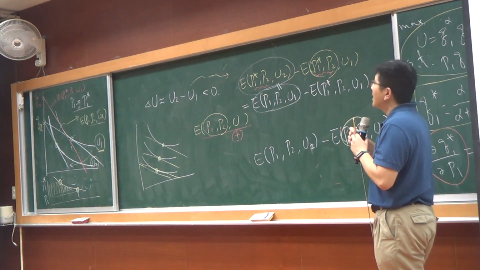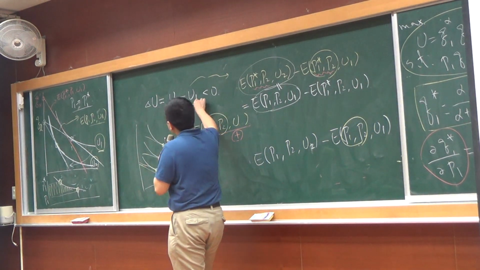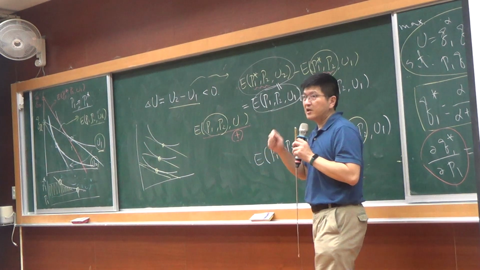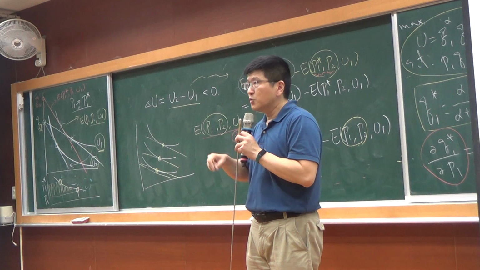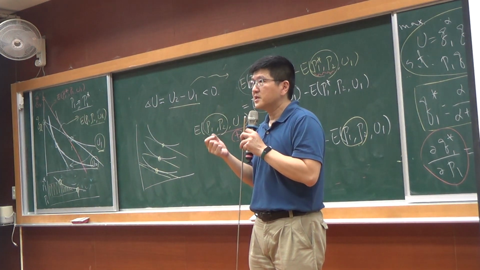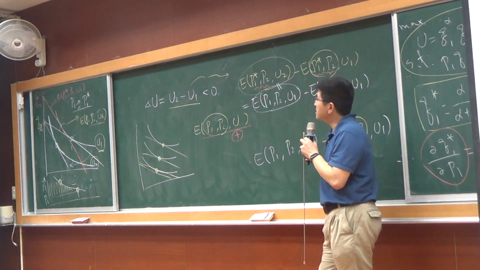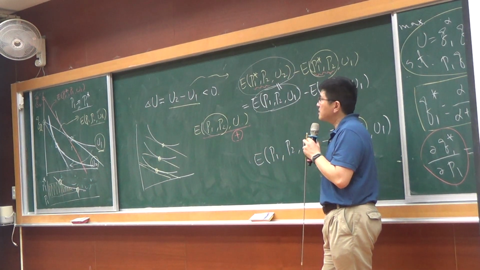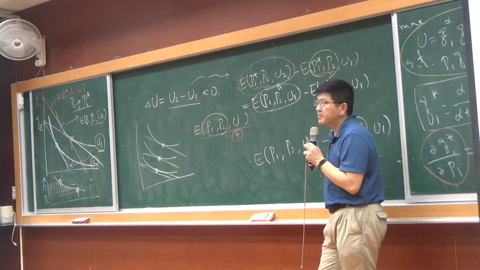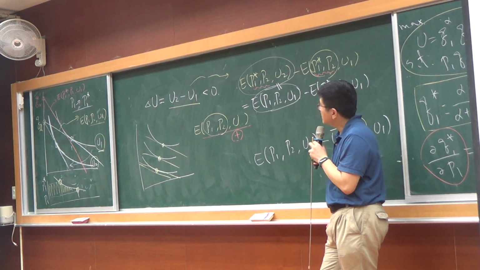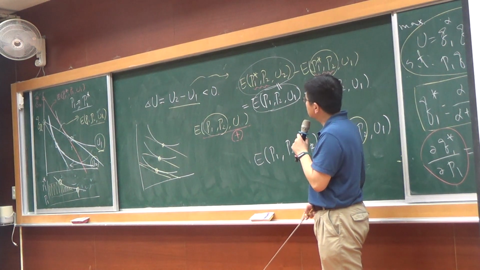Alright, once again, our purpose is to measure the difference in utility. However, we don't know the utility value. So we need to find some way to implement the measure, but we just cannot use this one directly.